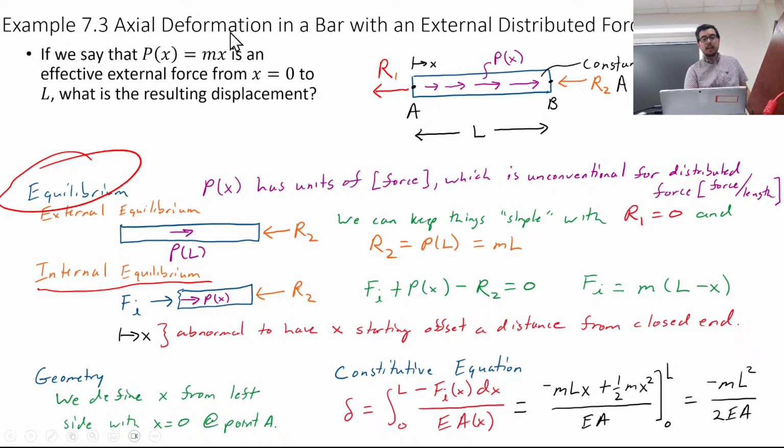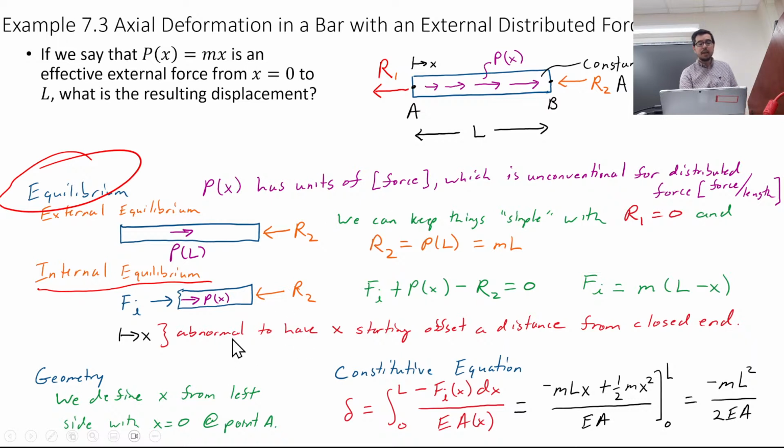So this M is a constant times a distance that gives us this distributed force, or it gives us the force at a given location. And it's getting bigger as we go to the right. Okay, does that make sense?